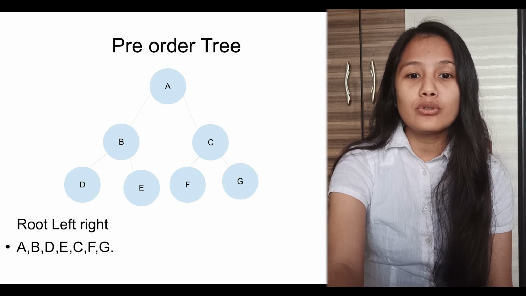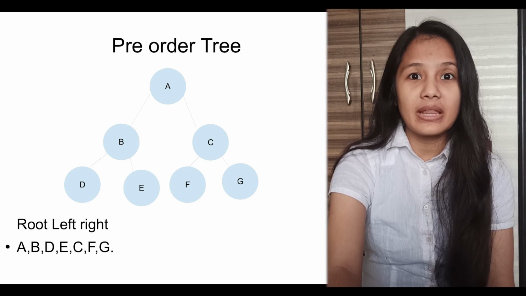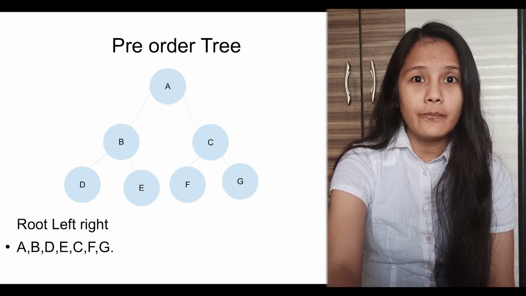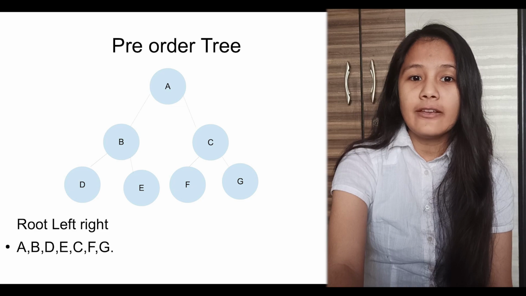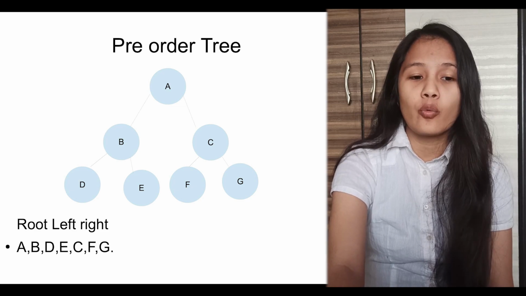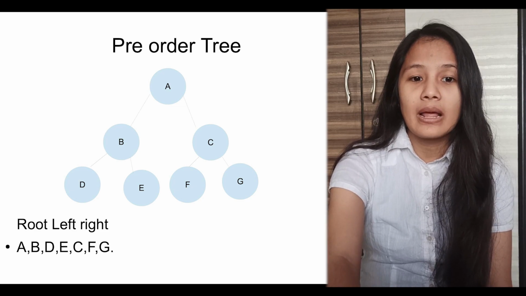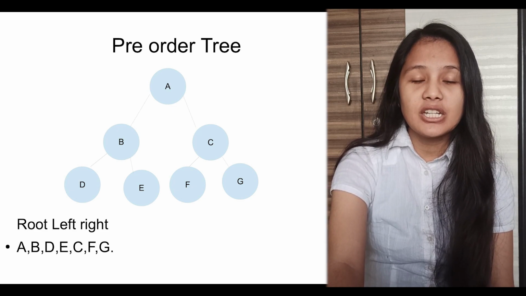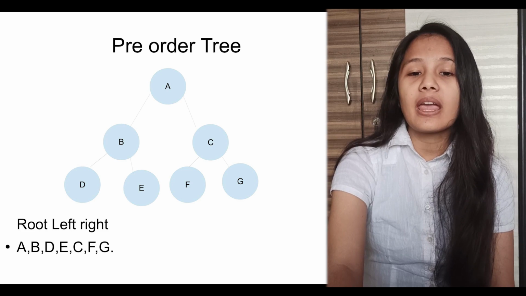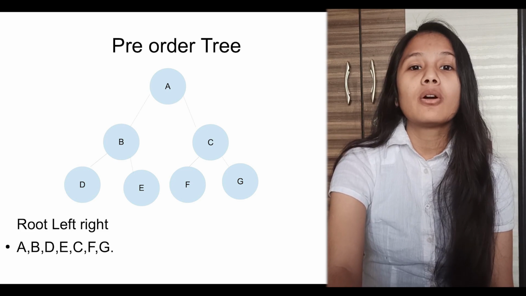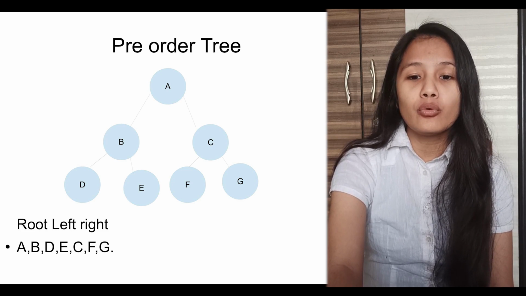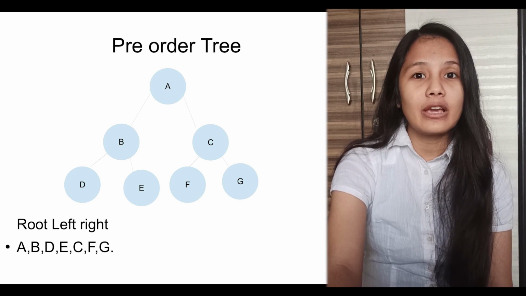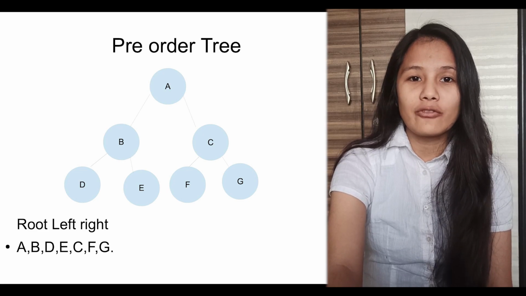So here the root is A, so first A will come, then the left subtree, that is B, will come, then D, the left side tree is over. Now we'll proceed with the right one, which means A, B, D, then E will come, and then again the root will come. Why? Because pre-order traverses in root, left and right order. In the same way we are going to do the whole traversing.